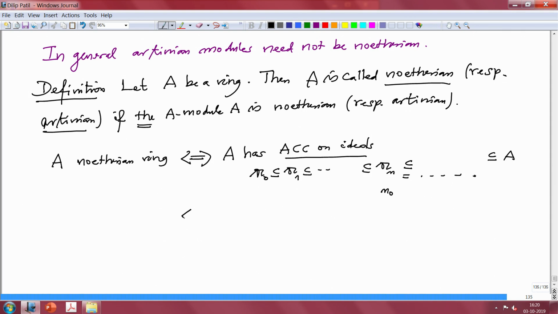Or equivalently, the ordered set of ideals IA is a Noetherian ordered set.